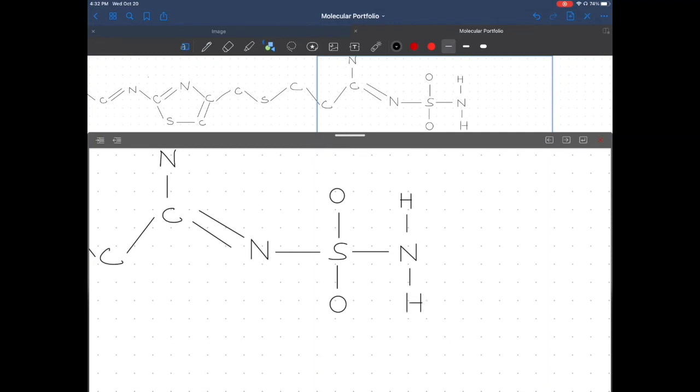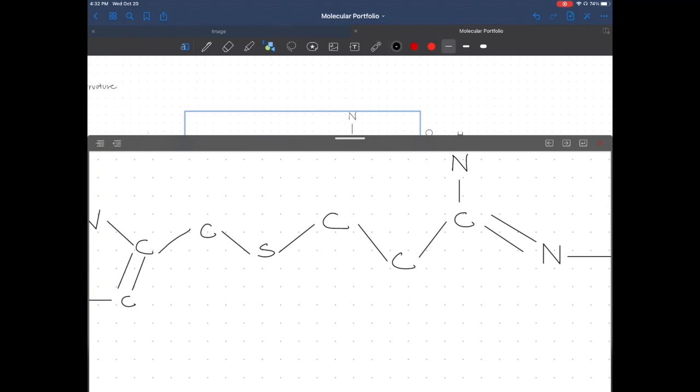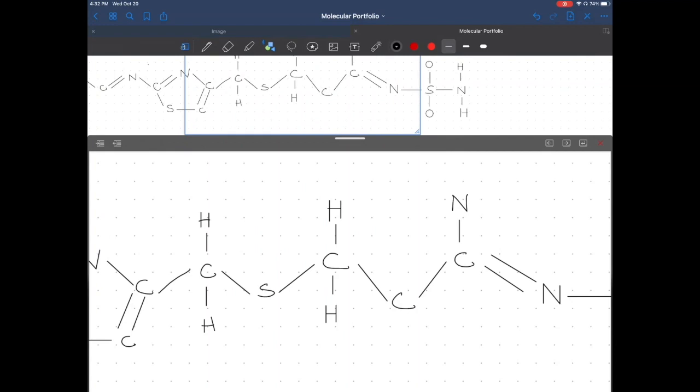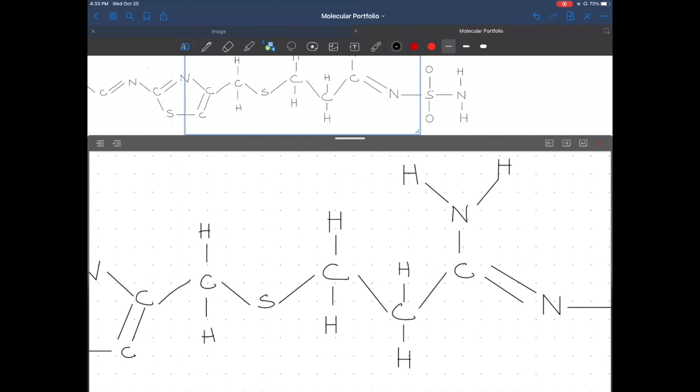Here you can see me adding in the hydrogens that are bonded to the nitrogen. Now I will also go back and show where the hydrogens are bonded to the carbon. I'm now adding the hydrogens to the nitrogens.